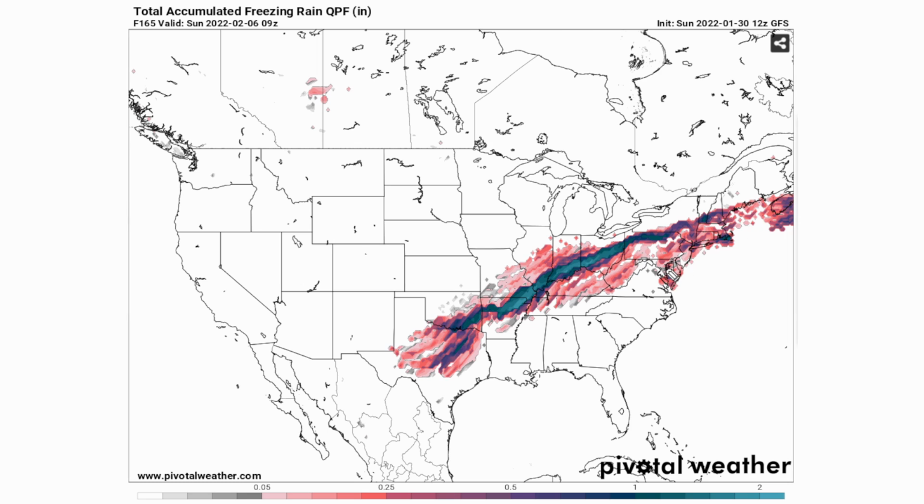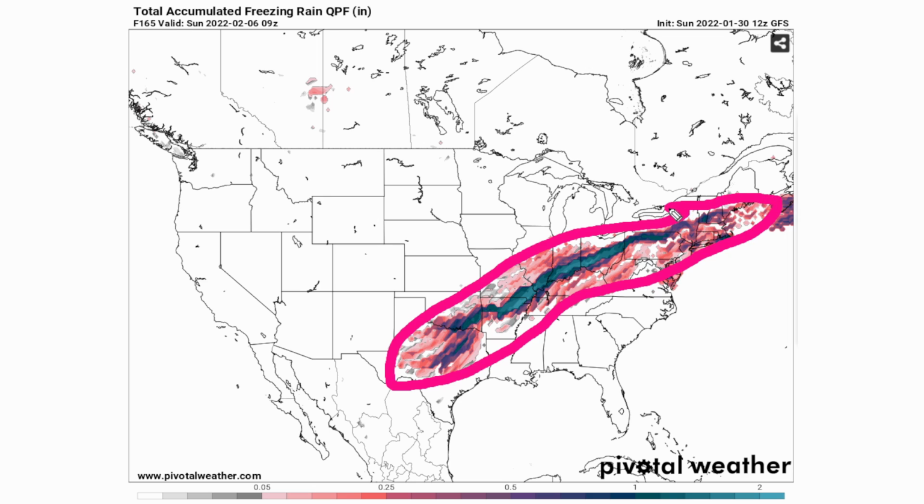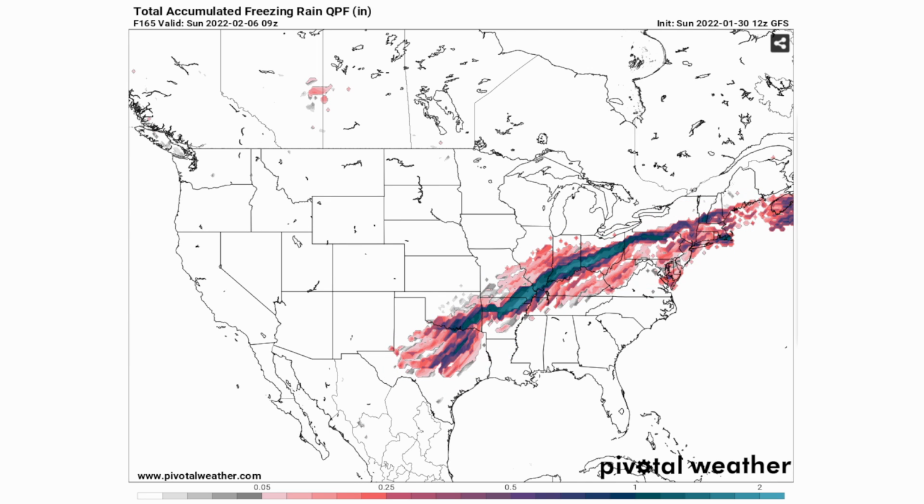If you do live in this swath, definitely prepare for an ice storm. Either way, whether it's a weak ice storm, a small ice storm, or a very large ice storm, all of them are going to be quite dangerous, especially the type of ice storm that we see in the GFS model. Definitely prepare for this, as you're going to see a lot of power outages. With over an inch of ice, that's pretty much a guaranteed power outage outbreak in your area.